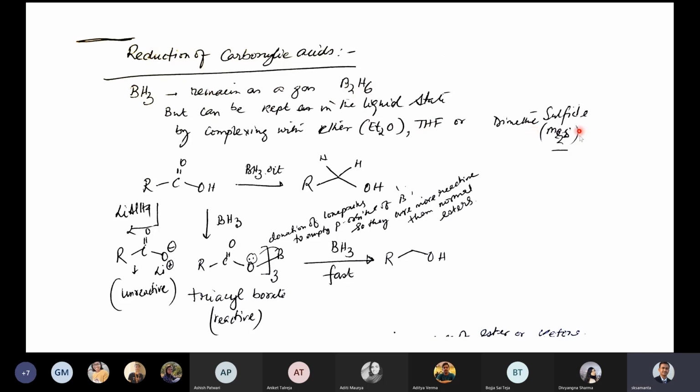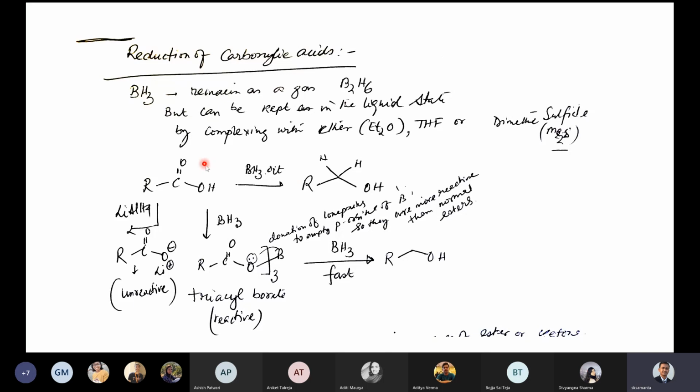In dimethyl sulfide, sulfur has a lone pair. These lone pairs are donated to the vacant p orbital of this BH3. That is how they form a complex and remain in the BH3 form, like this, BH3.OEt2. Actually it will be etherate. It's a mistake, okay? Make it OEt2.